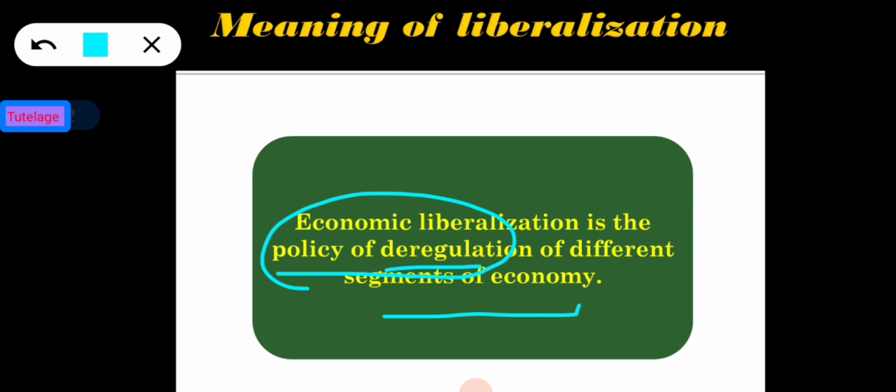It is the policy of doing away with or reducing the government controls over industry and other activities which existed before 1991. The objective of introducing the liberalization policy in 1991 was to move from a regulated system to a new system where regulations were to be reduced and ultimately minimized.